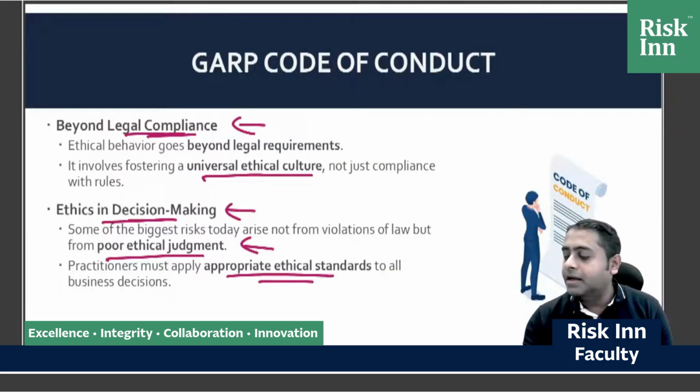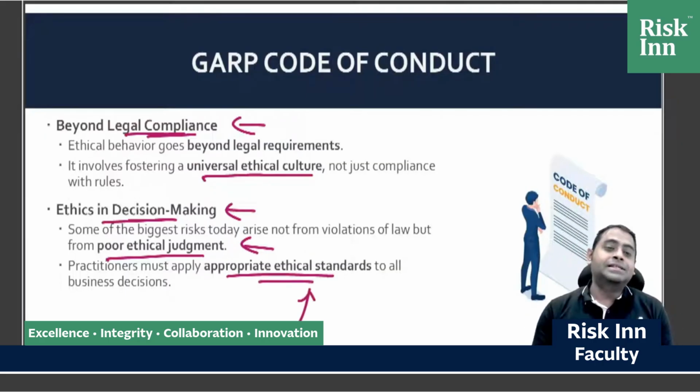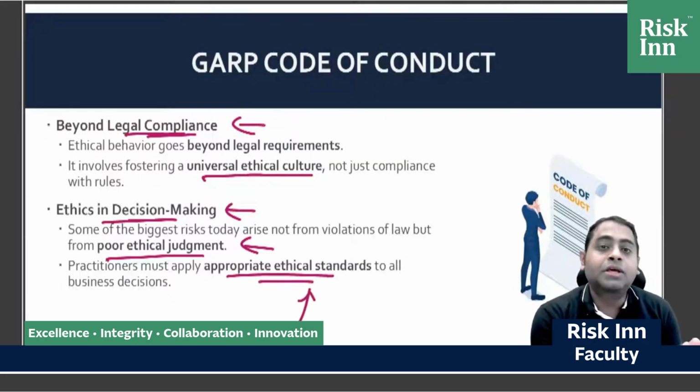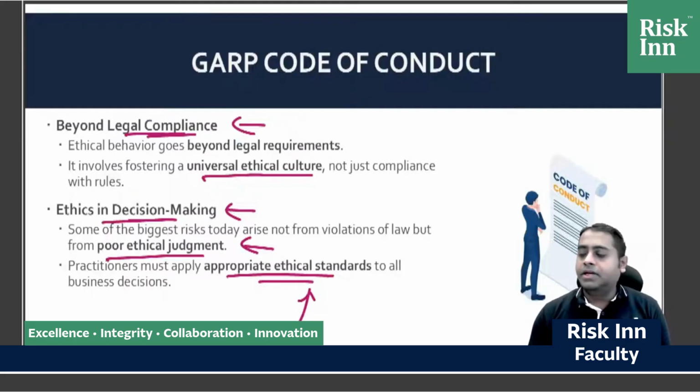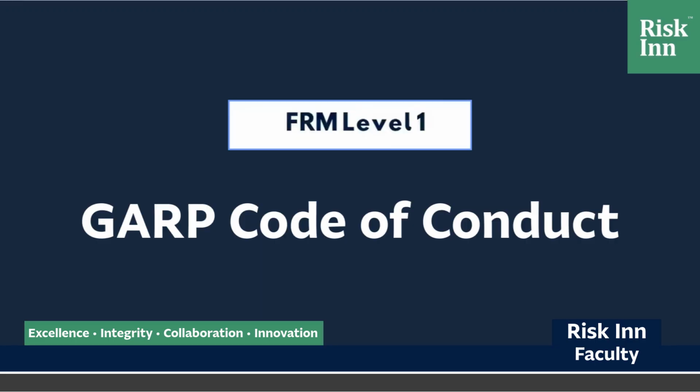So it is expected that you follow the ethical standard in every decision making of the company. Now, very basic, very simple, right, till this point. Any queries? All right, I'm going to move ahead.